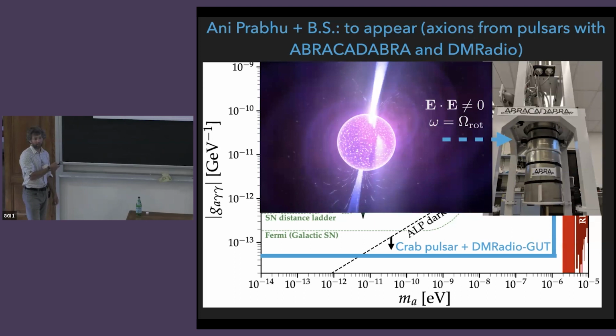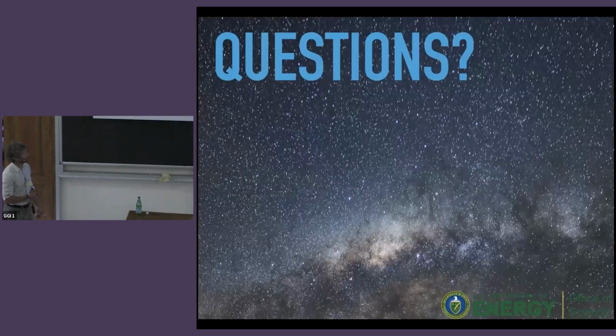This is looking for axions being emitted from pulsars at the rotation frequency, so like 100 hertz, and then looking for those axions with direct detection experiments, repurposing experiments like DM Radio GUT to not look for the QCD axion, but to look for these low mass axion-like particles. We think in the future we might be able to get down to 10 to the minus 14 inverse GeV. This is work in progress with Ani Prabhu. Happy to chat about that more offline. So thanks. Happy to take more questions.